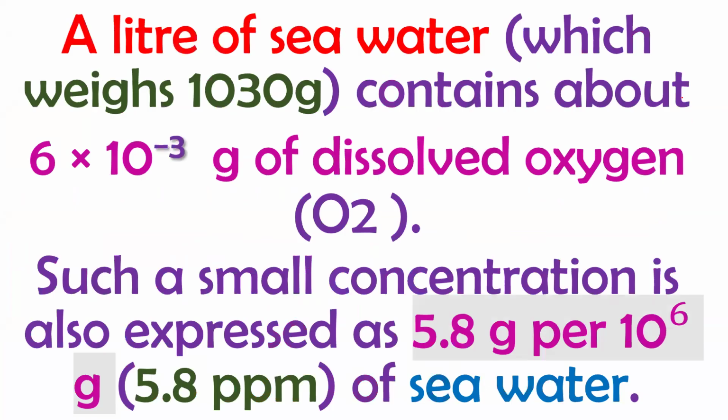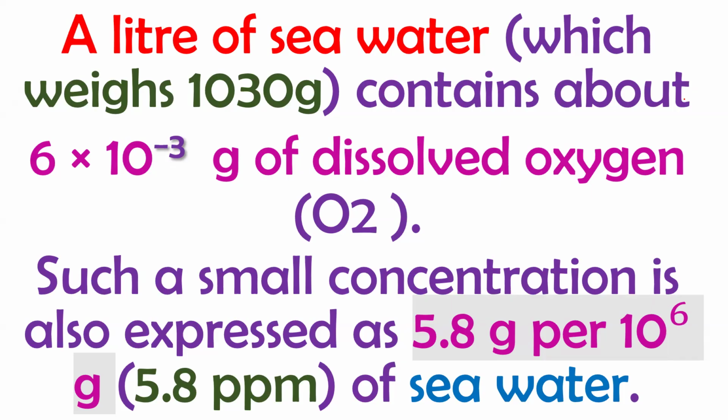Now, take a liter of seawater. If it is 1030 grams, it contains 6 into 10 raised to minus 3 gram of dissolved oxygen. So the amount of dissolved oxygen in a liter of seawater is about 6 into 10 raised to minus 3 gram.